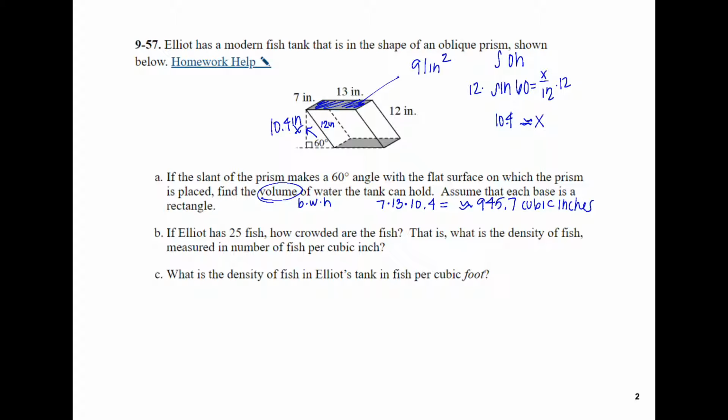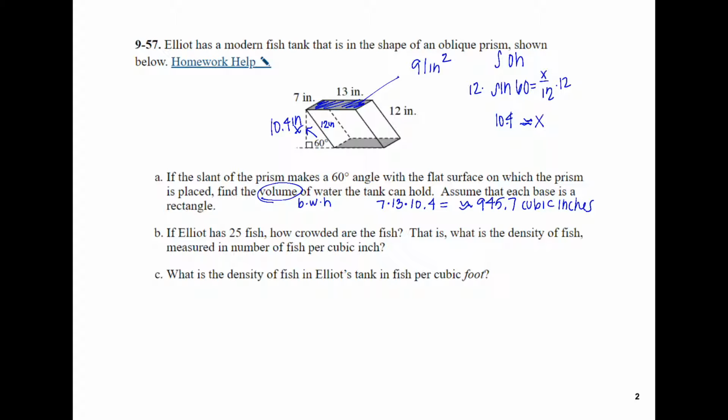And you can also write that as inches to the third power. If Elliot has 25 fish, how crowded are the fish? That is, what is the density of fish measured in number of fish per cubic inch?